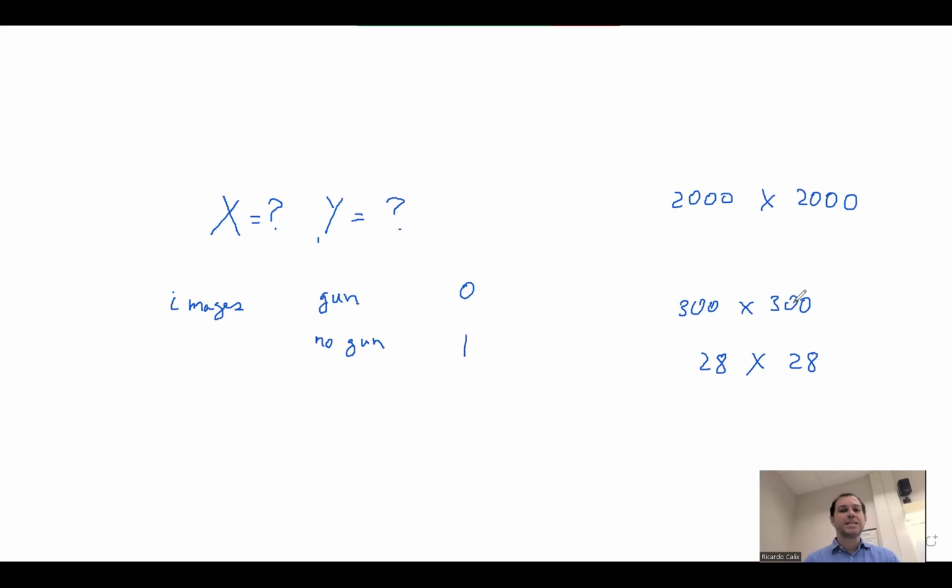Okay, so this is important. Why? Because this is the data, and the data needs to have dimensions, right? Everything in machine learning is dimensions. We need to know how many pixels it's going to have, because each one of those pixels is going to map to a weight in a neuron in the neural network.